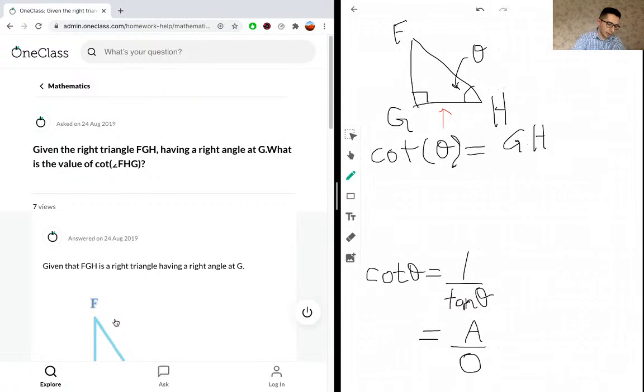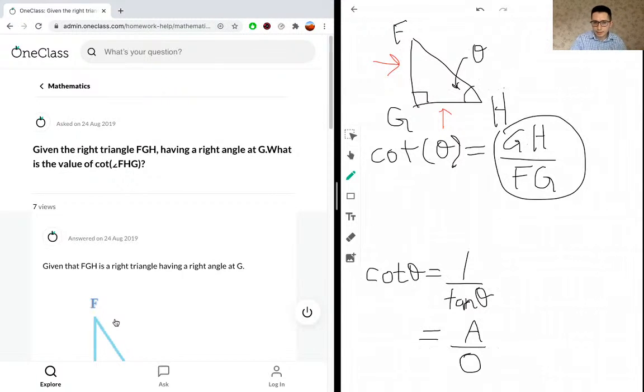And then the opposite side is FG. And that's our solution for cotan of the angle FHG. So whenever we have an angle FHG, as defined here, we're looking at the coordinate H, and we're looking at the angle that I've specified in the diagram, theta.